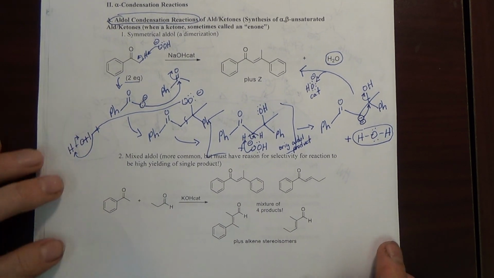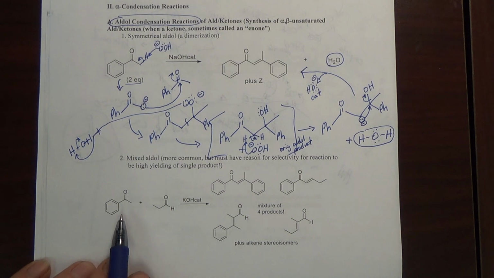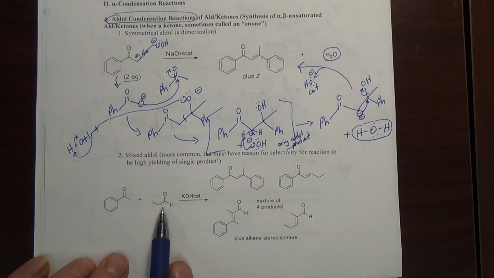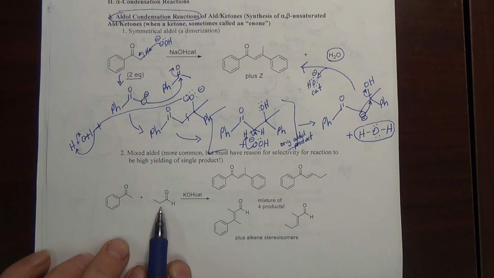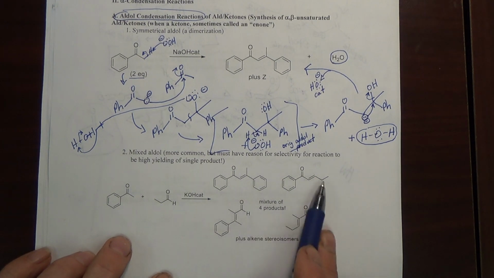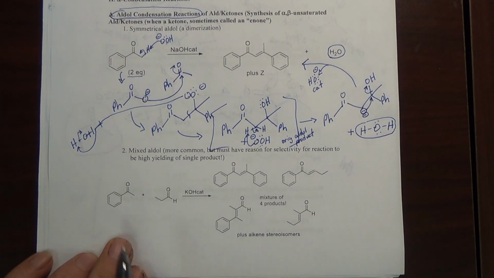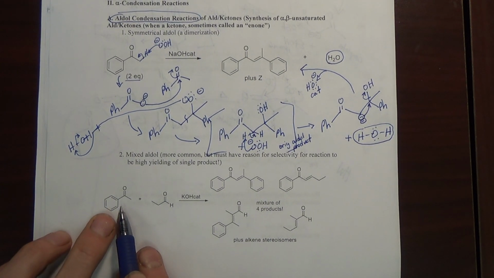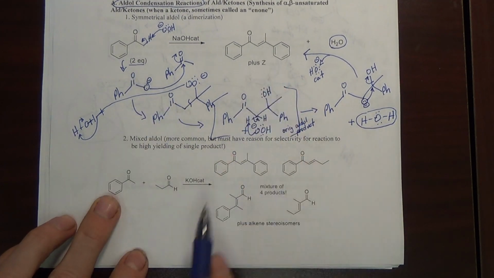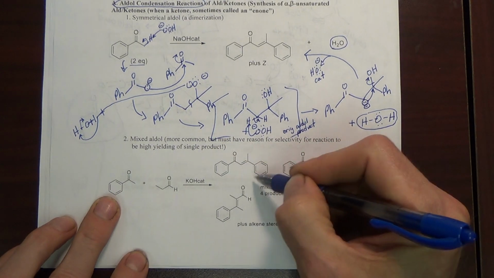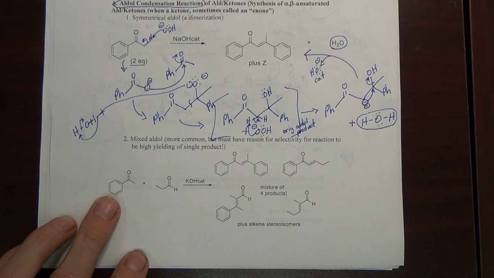For example, if you tried to do an aldol reaction between this ketone and this aldehyde, you could theoretically get 4 different products. If this ketone reacted with itself as above, you would get this product as above.